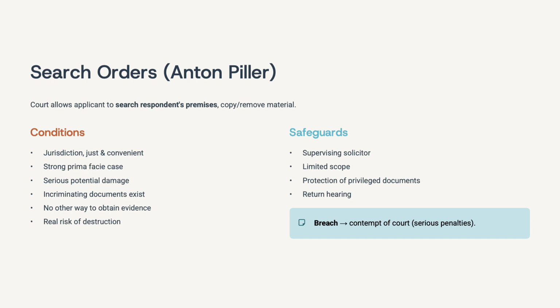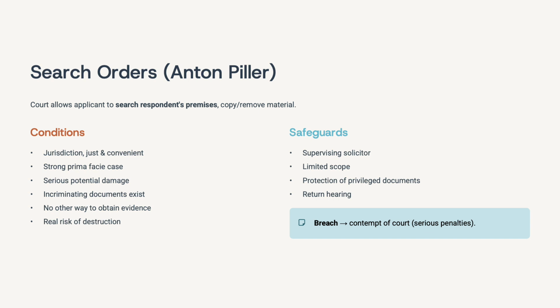Once again, you need to give that. If your case was not successful, you need to pay damages. Once again, full disclosure. You need to disclose everything to the court before these extraordinary search orders are granted. Safeguards include a supervising solicitor, who will supervise all that activity.